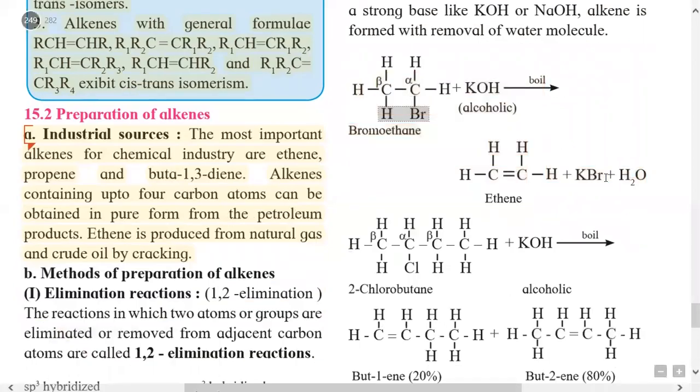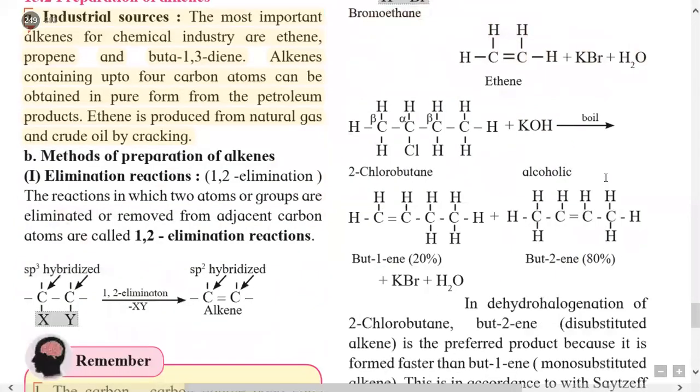So here only one option is there because only one beta hydrogen is there. Now we will consider an example in which there are two beta carbon atoms. So there are two possibilities to form different alkenes here.